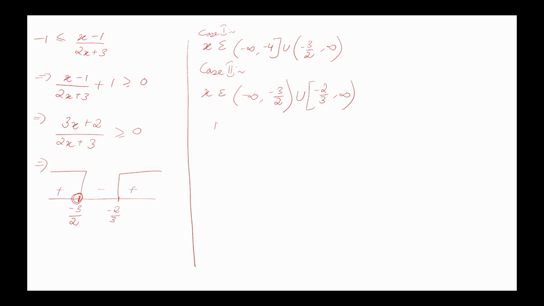So now I have to take the intersection of case 1 and case 2. So if I take the intersection, what would ultimately I have in my x? My x would basically belong from minus infinity to minus 4, union minus 2 by 3 to infinity. This is what I'm going to get as my x if you take the intersection.